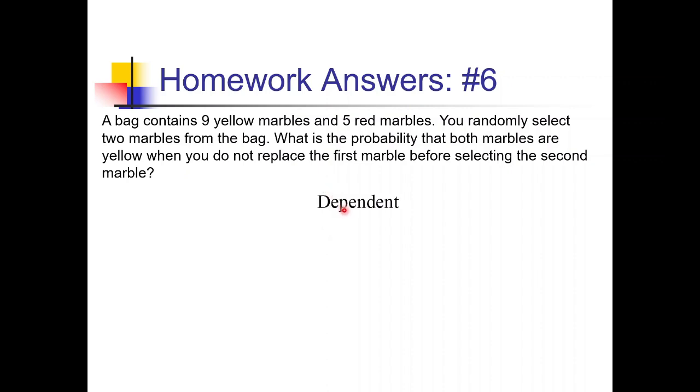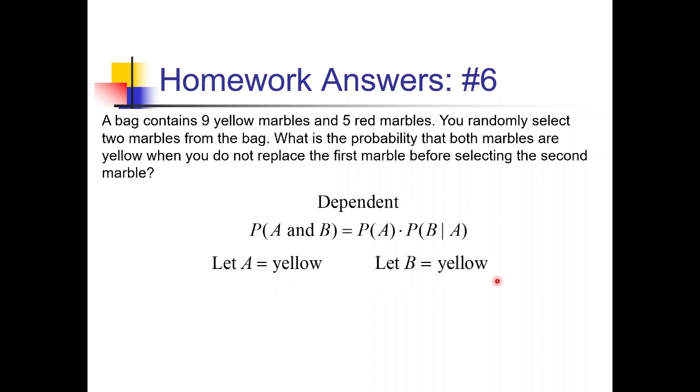So this is a dependent situation, which means our formula we're using, P of A and B, we're going to have P of A times P of B given that A has already happened. So we need conditional probability of B given A. So for our events, A is the yellow the first time around, and B is also yellow.